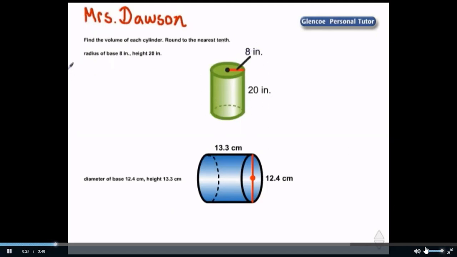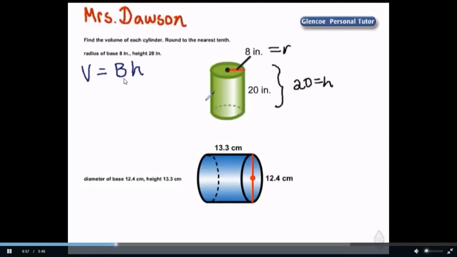She's going to start with the one at the top here. 8 inches is the radius. Alrighty, that's good. And 20 inches is the height, because the height goes from circle to circle. Okay? So to find the volume of any three-dimensional figure, of any prism, you're going to do the area of the base, the capital B, times the height of the prism.